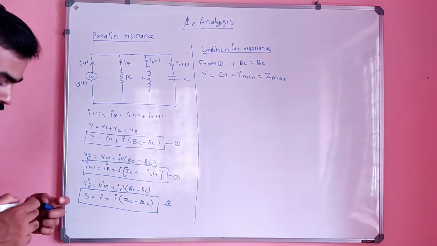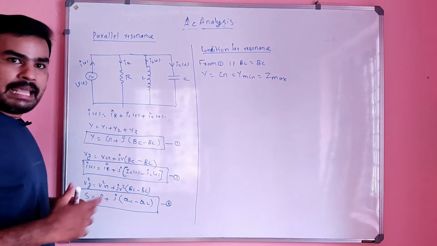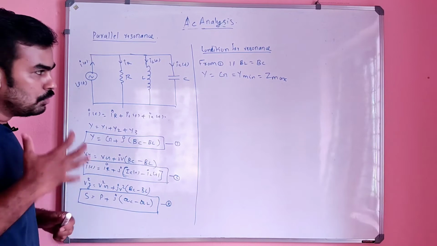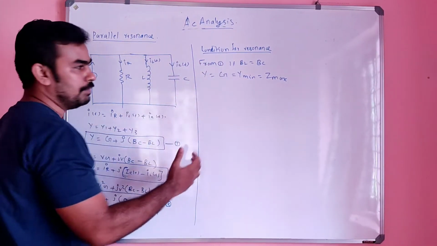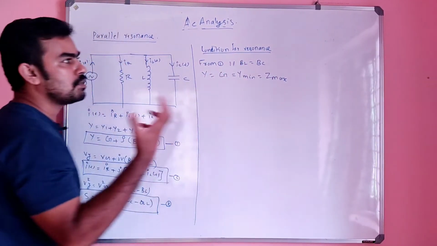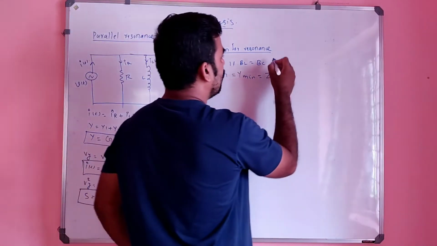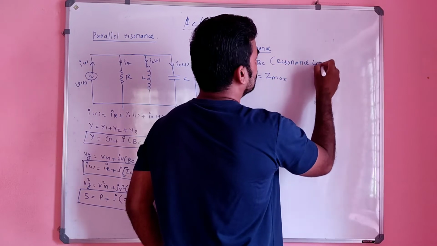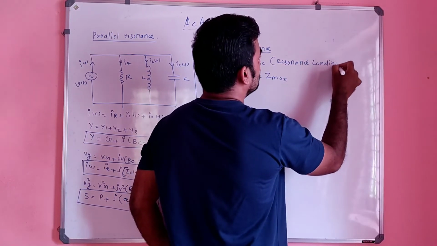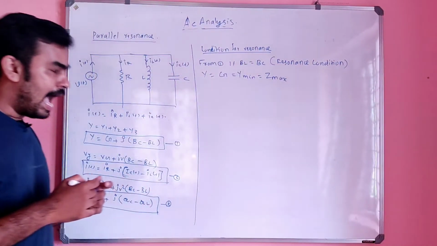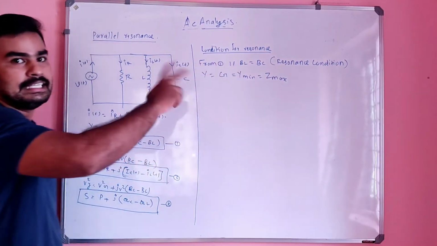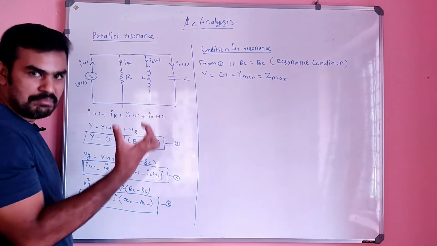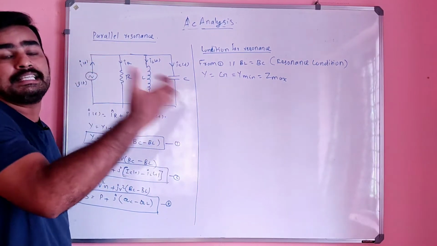That means in a parallel RLC circuit, BL equal to BC is called the resonant condition. This is called the resonance condition because at this instant only, Y will be equal to Y minimum and Z will be maximum.